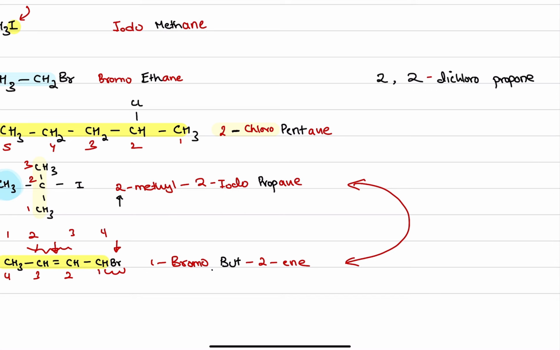So numbers are separated with commas, and numbers with alphabets are separated with dashes. Now, in case you're wondering what exactly this is, this is something that we will do in the next part of our video, which will extensively discuss those haloalkanes which have two halogens involved. So keep waiting for that part, because it's going to come up very soon.